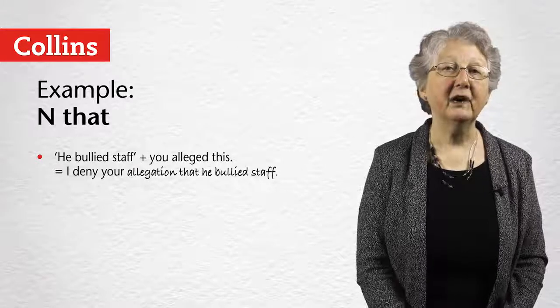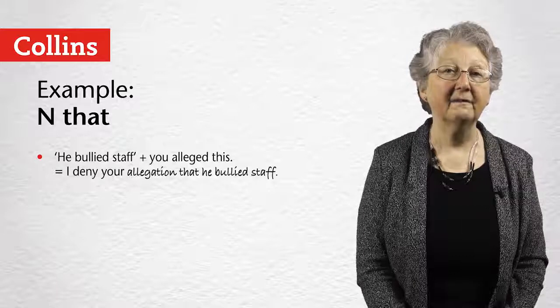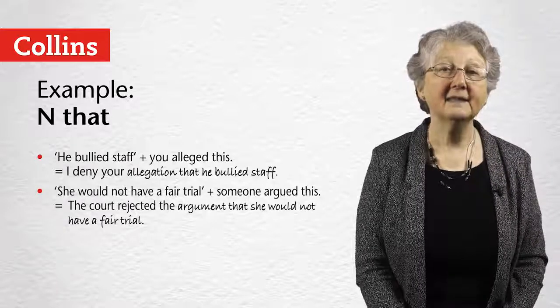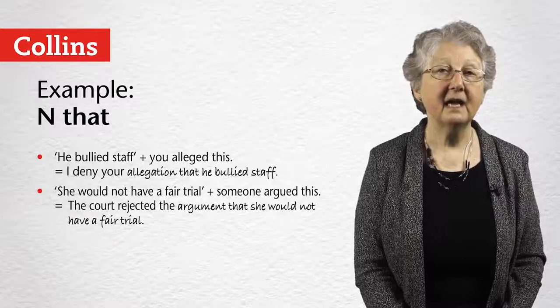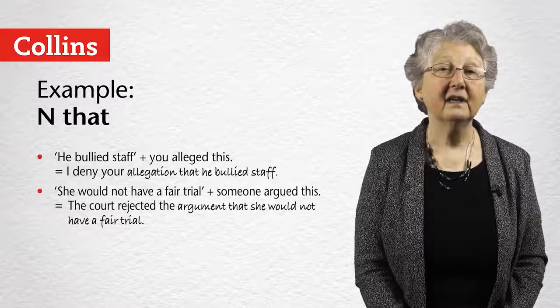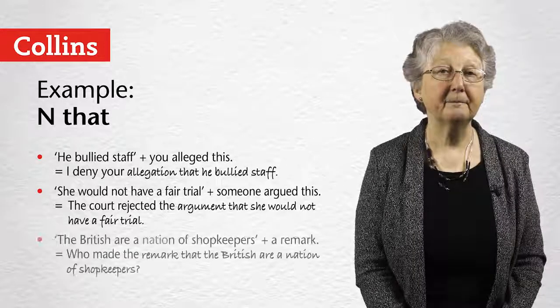And the learner will write, I deny your allegation that he bullied staff. She would not have a fair trial, and someone argued this. And we're giving the learner, the court rejected the argument that she would not have a fair trial.